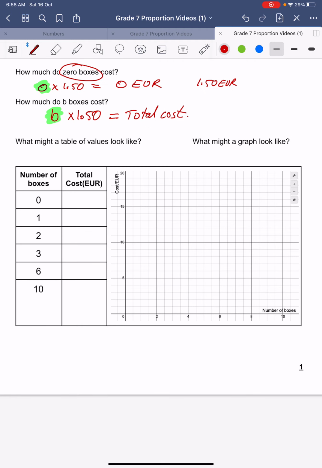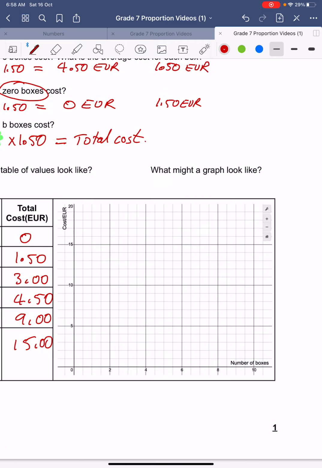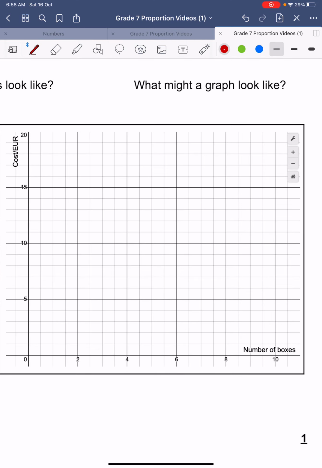And now all of that goes towards this particular picture down the bottom. We've got a table of values and we've got a graph. So 0 boxes, 0 cash, 1.50, 3, 4.50, 9, and 15. If you have a little look at the axes, on the x-axis, can you see this is the number of boxes?